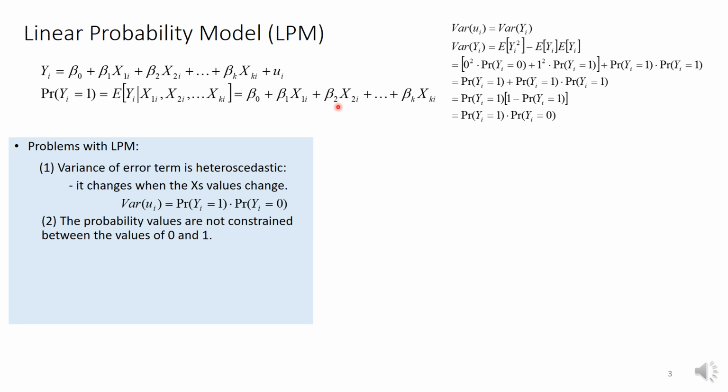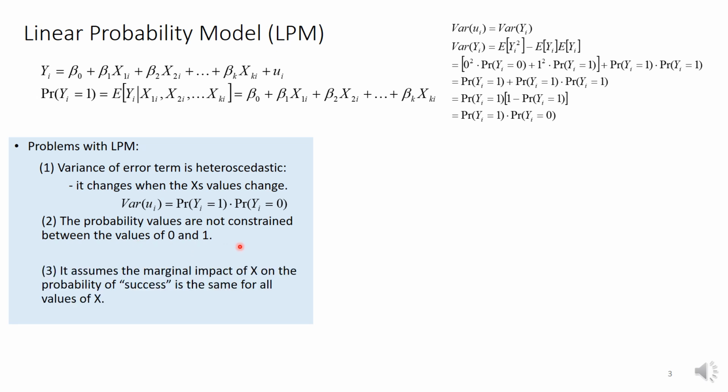It can be negative and it can also be greater than 1. So we have a problem when we want this to be a probability model.